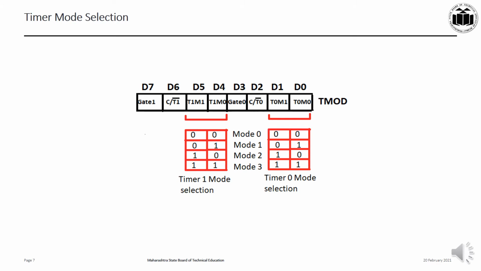For mode 1 for timer 0, we set D0 to 1 and D1 to 0. In the same way, modes can be selected for timer 1 using bits D4 and D5. For mode 1 for timer 1, we set D4 as 1 and D5 as 0, and so on.